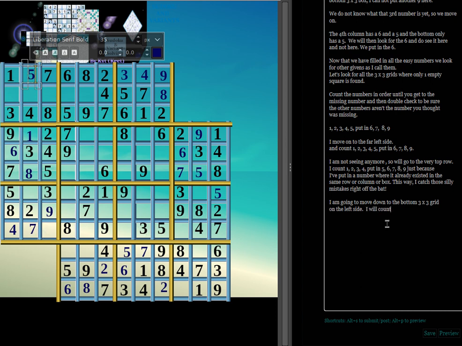I will count 1 and try to find the 1. I am looking inside the box, but also in the rows and columns.